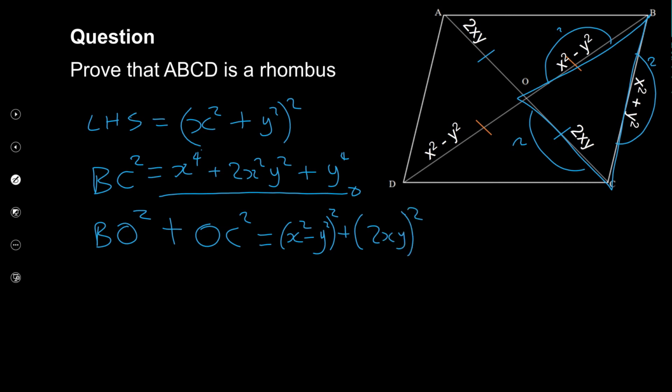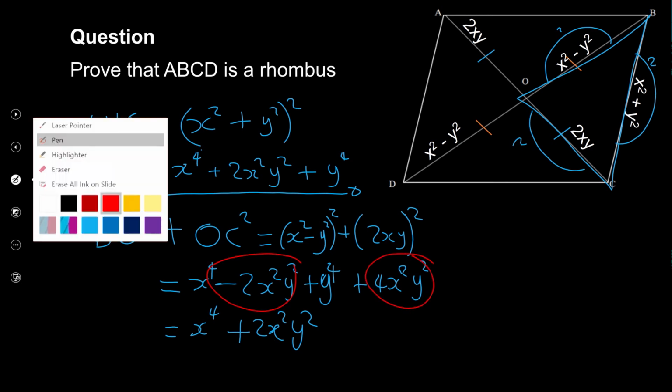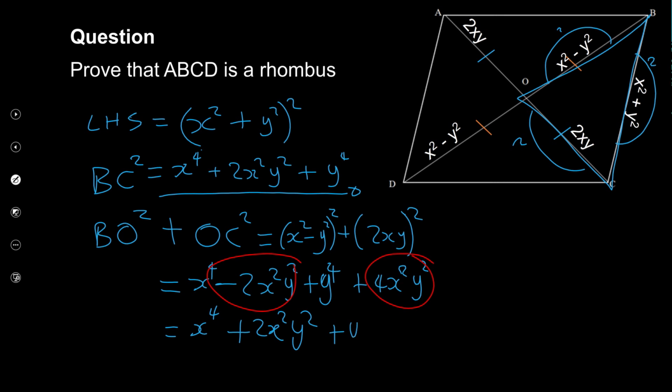Okay, and therefore, this will then be equal to, if I simplify this, x to the 4 minus 2x squared y squared plus y to the 4, and then plus 4x squared y squared. And then as a result, this will be equal to x to the 4 plus 2x squared y squared. Why? Because these are like terms. This one here and that one there are like terms. And then lastly, it will be plus y to the 4.